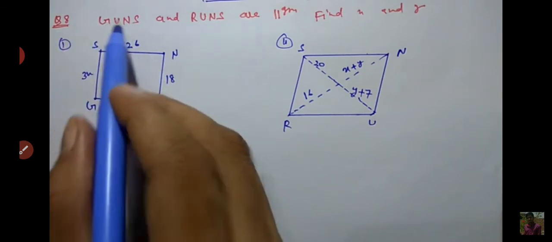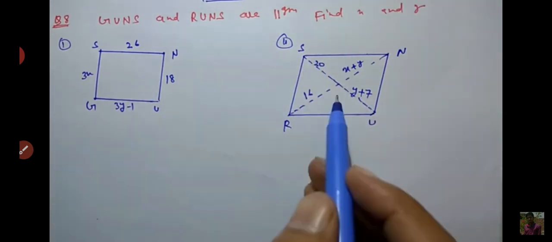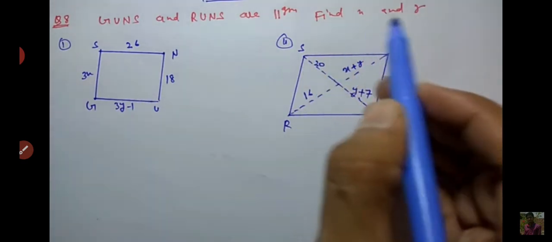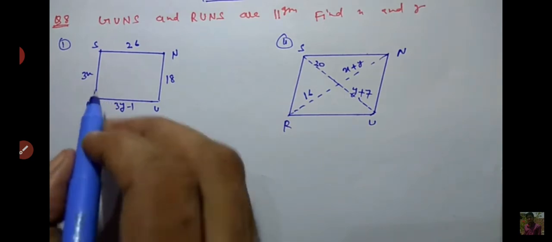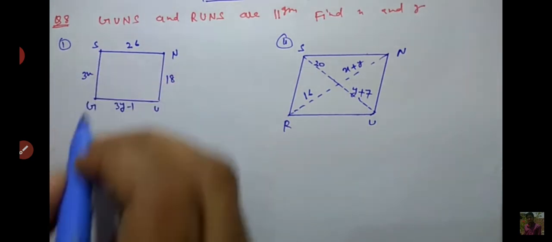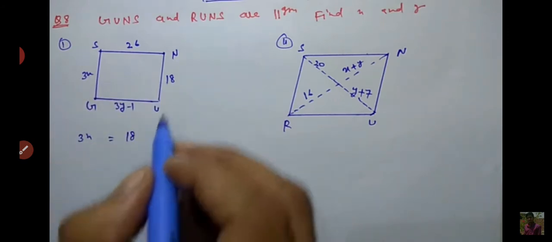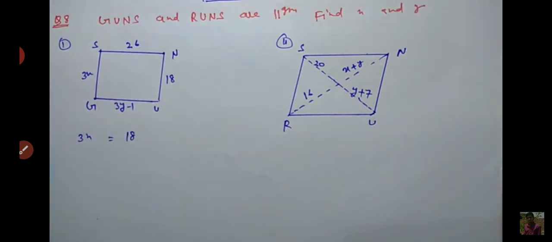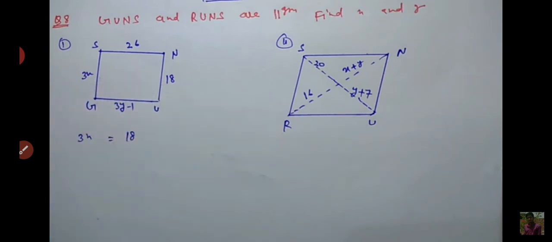In the following figure, GUNS and RUNS are parallelograms. Find X and Y. Lengths are given in centimeters. See, there are two figures. This is 3x, 26, 18, 3y minus 1. If it is a parallelogram, then 3x is equal to 18 because opposite sides are parallel and equal.